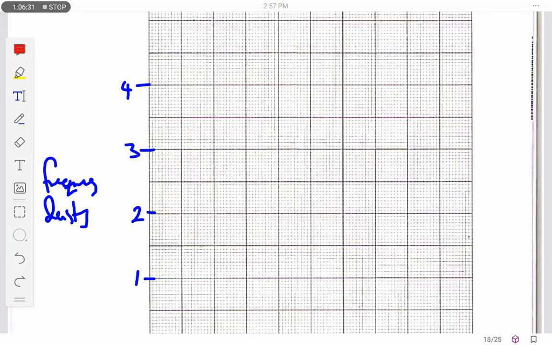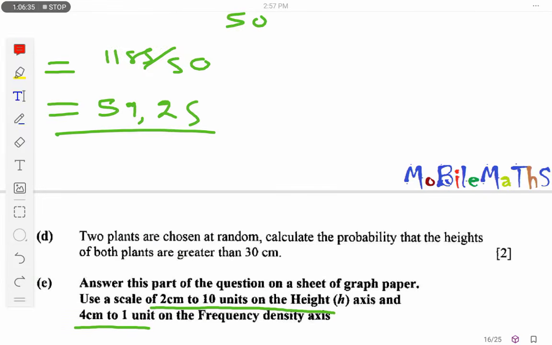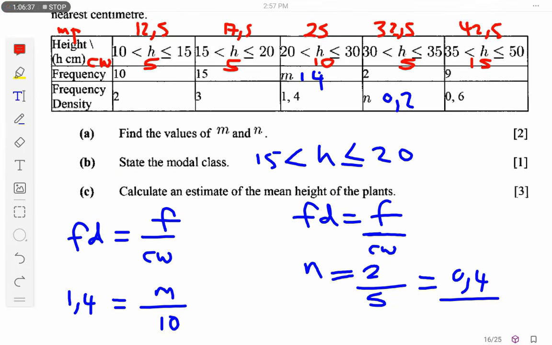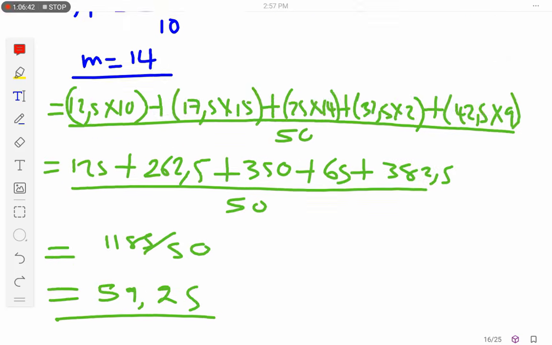Do we have another largest value? 4 should accommodate everything. Yeah, they all fit. The largest is 3 there. So let's now draw.